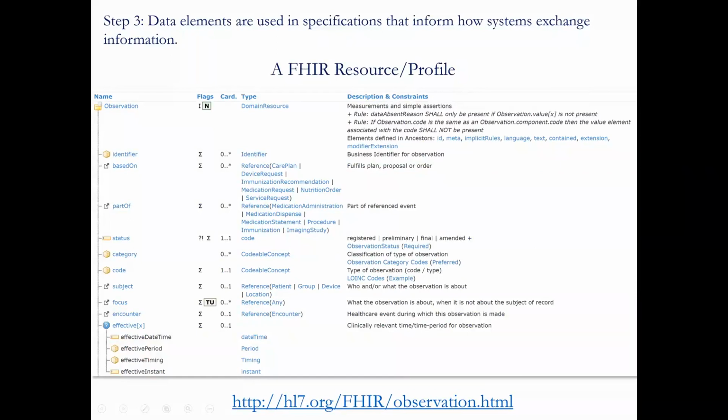And this data structure sets the set of constraints that implementers will use when they write their systems and when they begin to create instances of information that can be shared with another system. So that's step 3, pulling the data elements into the data structures in the standard specifications.